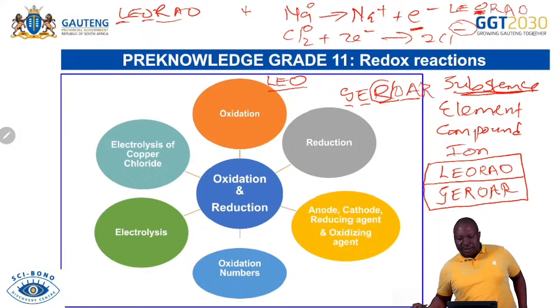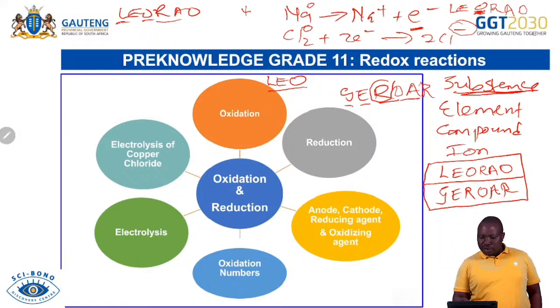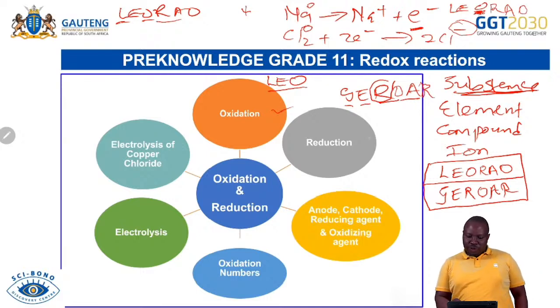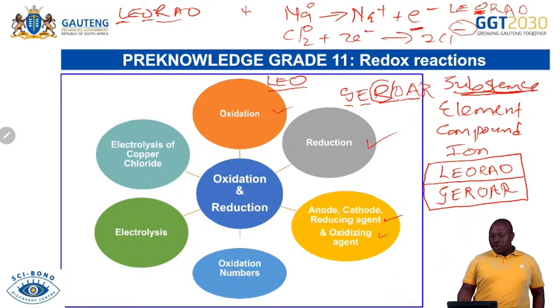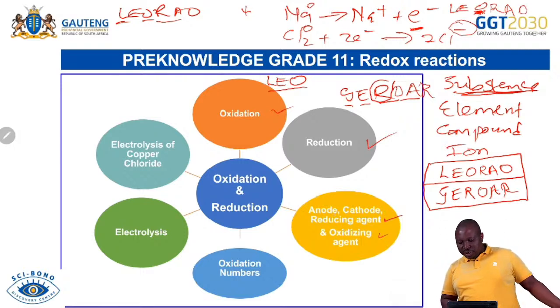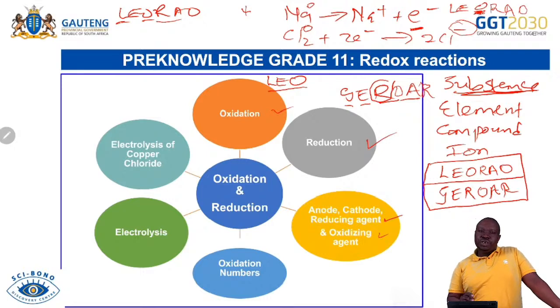So if you can check, we were able to define oxidation, we're able to define reduction, we're able now to define what is a reducing agent, what is an oxidizing agent. So now there are only two things that we didn't define there, which is the anode and the cathode.